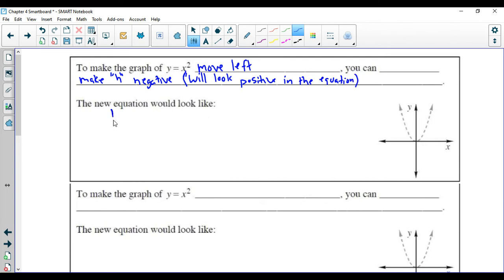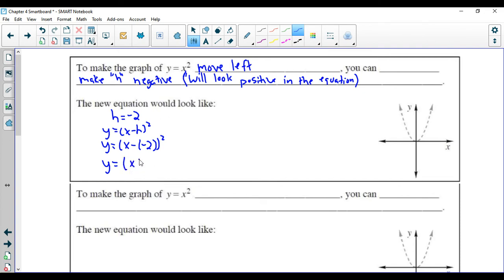So, for example, if my h is going to be negative 2, and my equation again is x minus h quantity squared, then what I would be doing is I would have x minus a negative 2, and the double negative makes it positive.